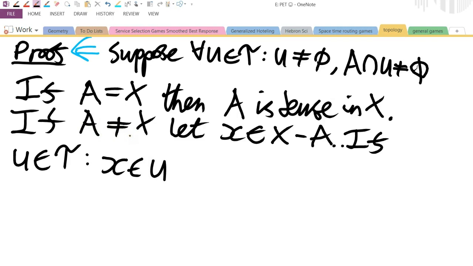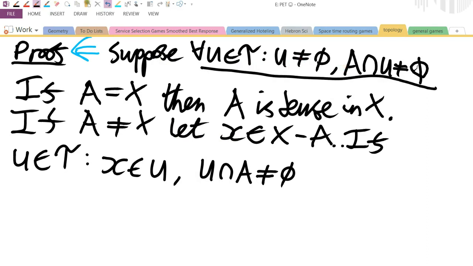Well, the thing about U is that it has to have a non-empty intersection with A, because our assumption is that every non-empty open set has a non-empty intersection with A. That's our assumption up here.